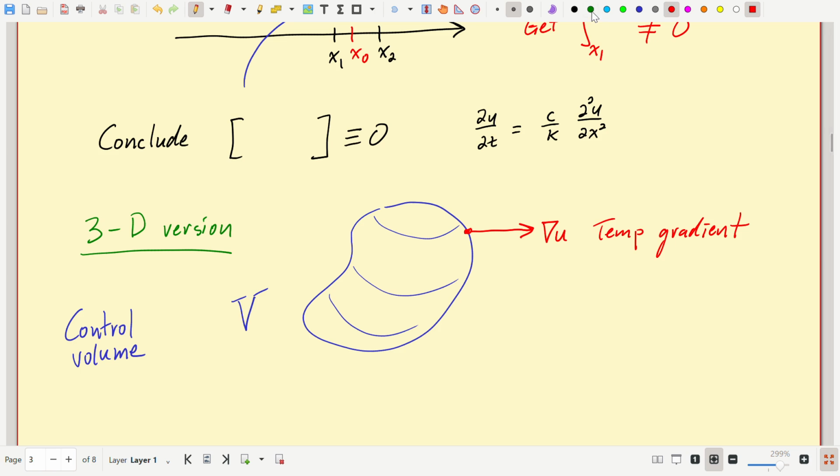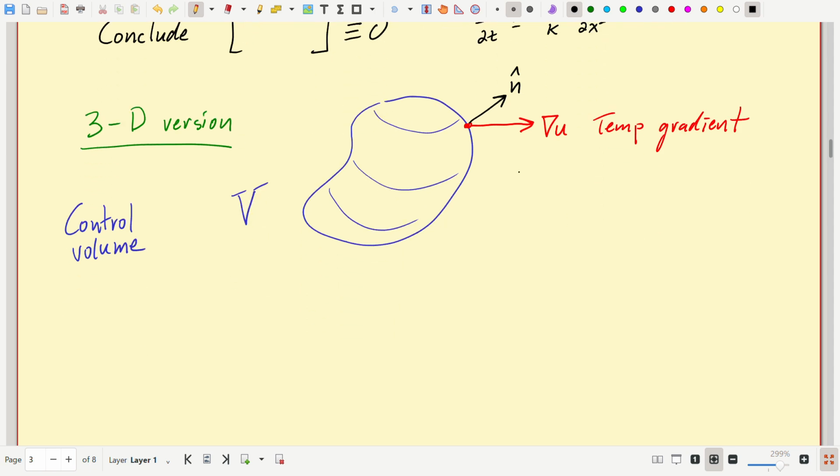And there'd be a normal vector here. If the temperature gradient is flowing along the surface, then of course it's not exiting. The heat's not exiting, it's just flowing along the surface. So the case when you get the most efficient flow is when that gradient is pointing in the normal direction.